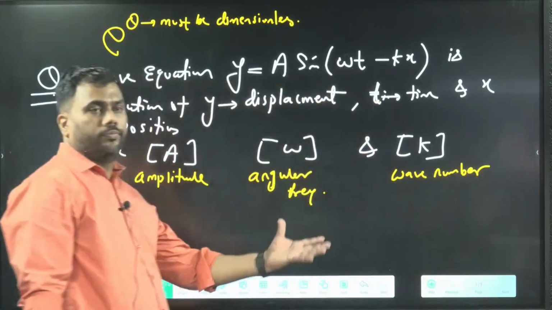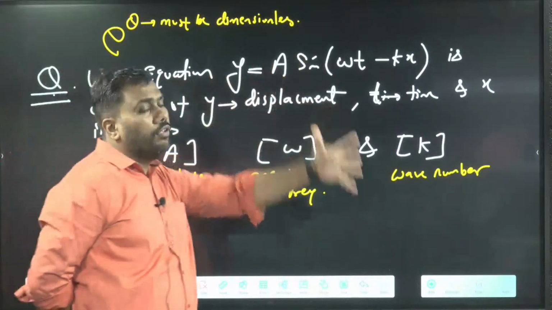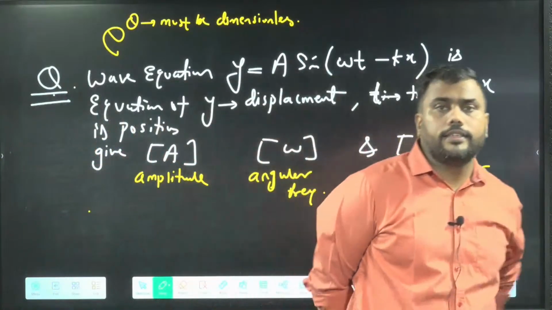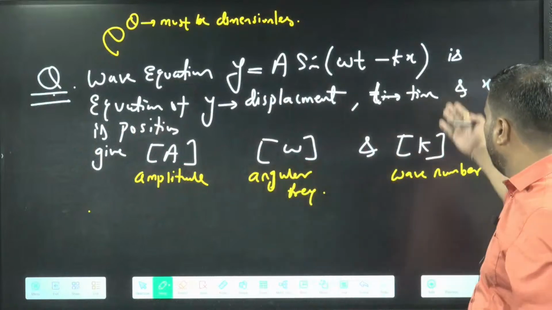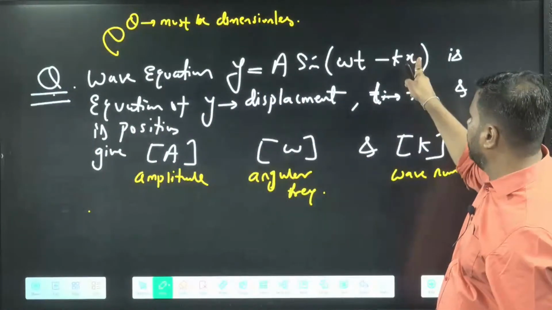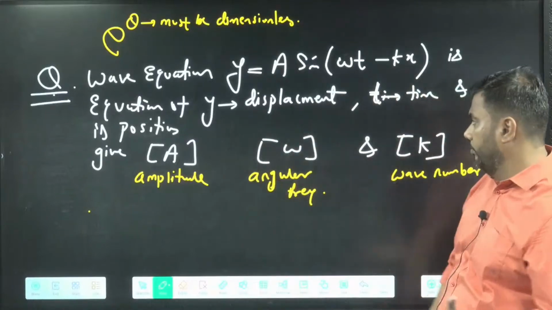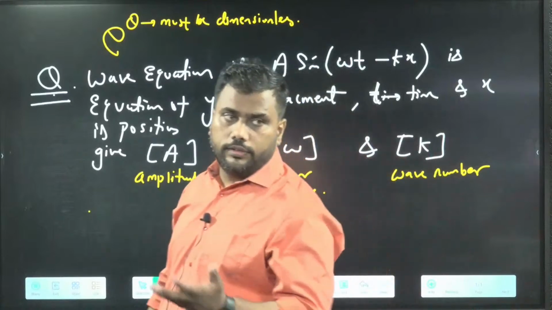So this is the wave equation, y equal to a sine omega t minus kx, where y is displacement, t is time, x is position. Try to solve this.